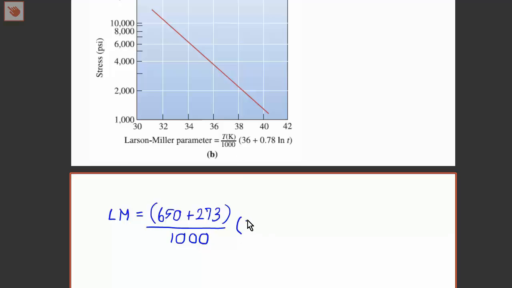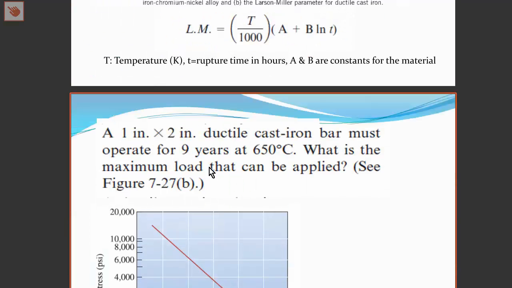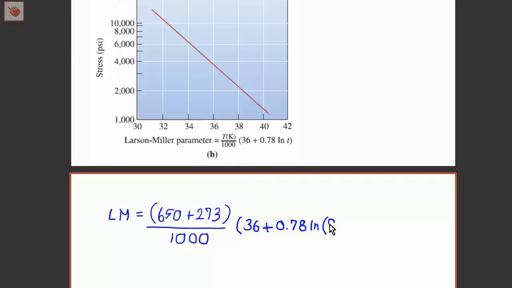Multiply that by the constants given in the definition for the equation for the Larsen-Miller parameter for this material, plus 0.78 ln t, with t in hours. We need to convert 9 years to hours: 9 times 365 times 24. So let's calculate this out.